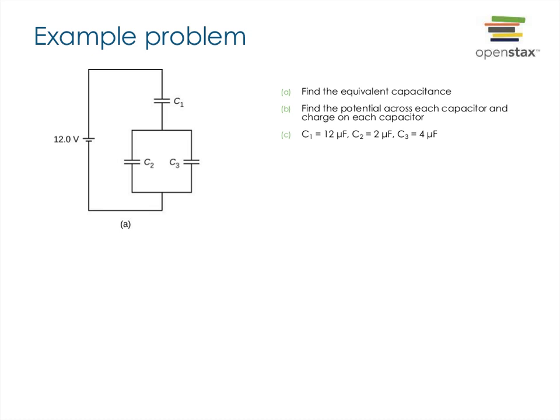Now here's a problem where I'm going to be simplifying a circuit. I'm just going to put in the values for capacitance. This is 12 microfarads. This is 2 microfarads, and this is 4 microfarads.